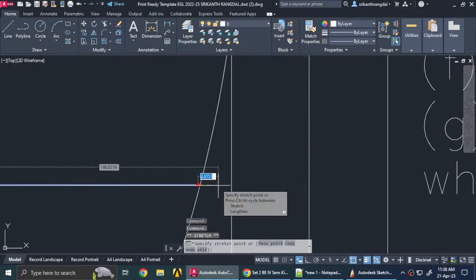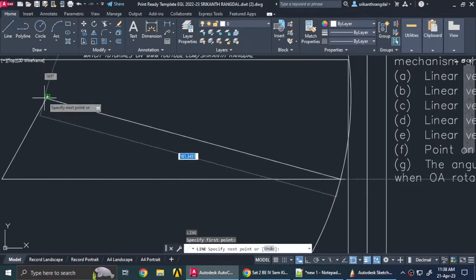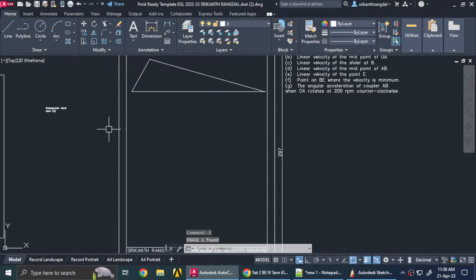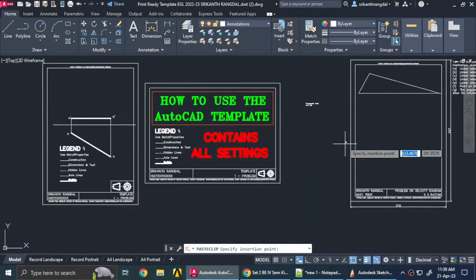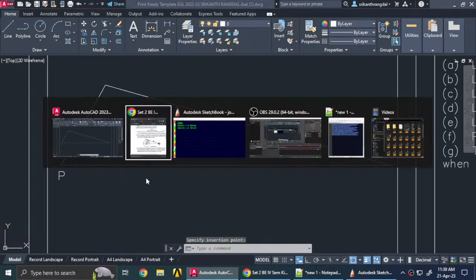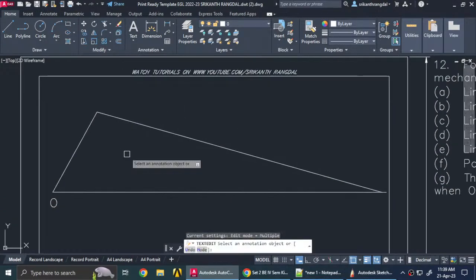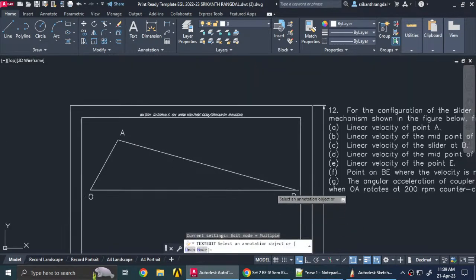So let's extend this, and this intersection point we will need. Coming to name the points, this point is O, this point is A, this point is B.